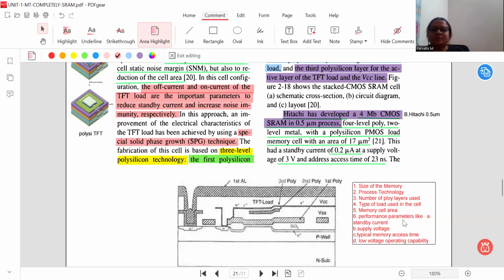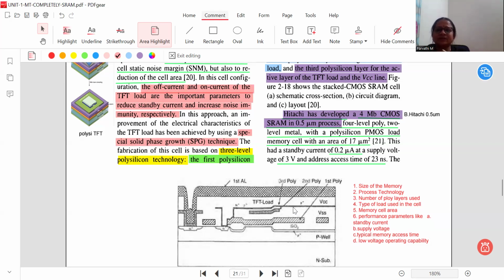Then performance parameters, like what is the standby current? That means when the cell is in the off condition, how much current it is able to draw. It should not be more. Standby current should be as low as possible, and the access time is also important. Then the supply voltage: how much supply voltage is required, whether it is 5 volts or 3 volts, or more or less than that.